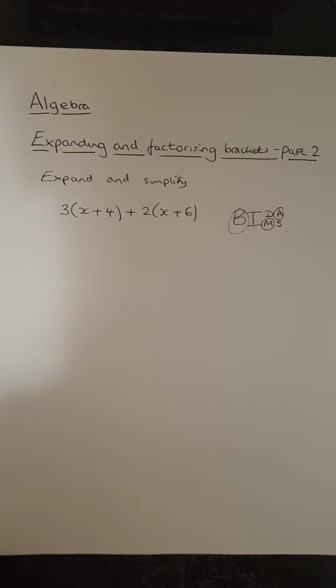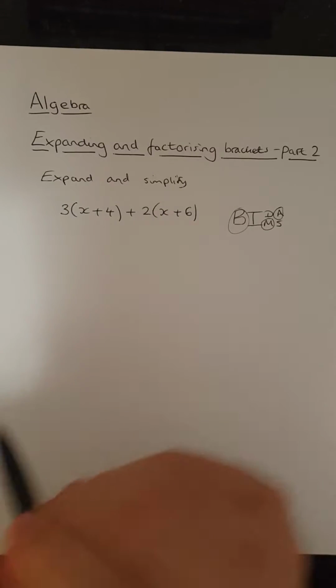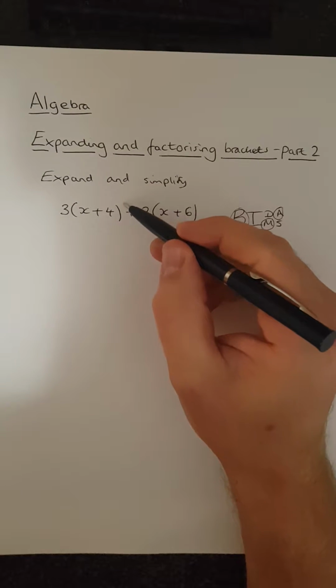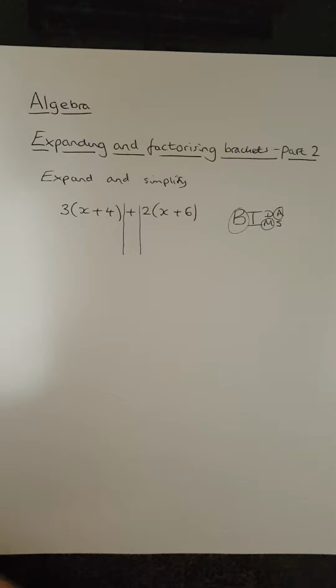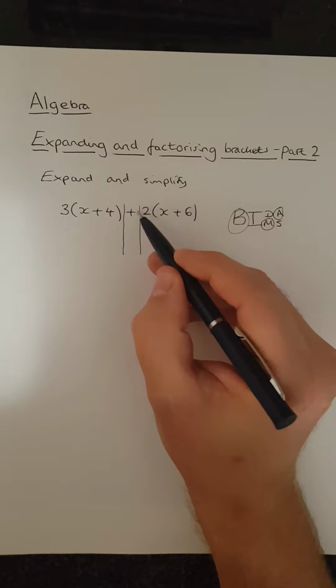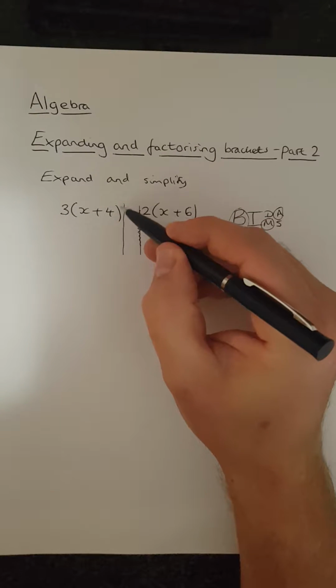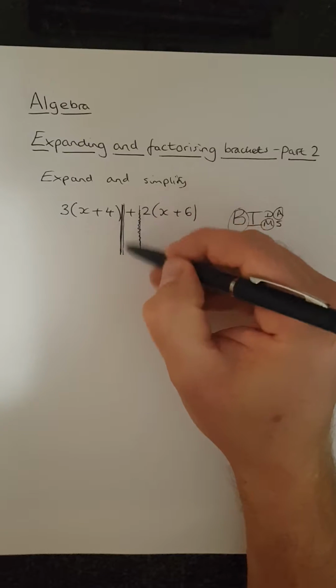Well, I've got to expand these brackets first then, clearly. Which means I'm going to do the addition later. In fact, let's not draw that line, let's just draw a really firm line here.